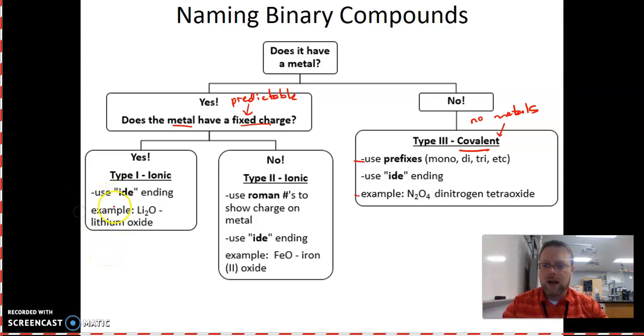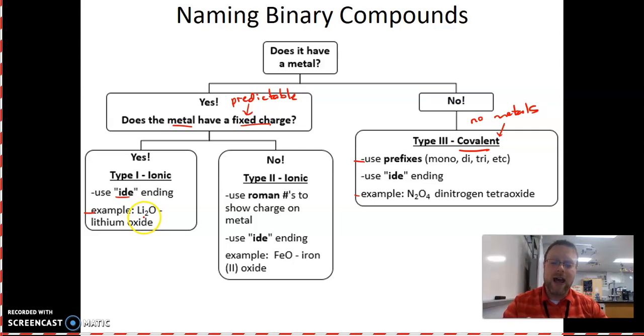We're only going to use an "ide" ending on those kinds, so something like Li2O is just lithium oxide. Now, this is really important. Notice what's missing from this name: there are no prefixes. There is nothing in the name lithium oxide to say anything about that 2.